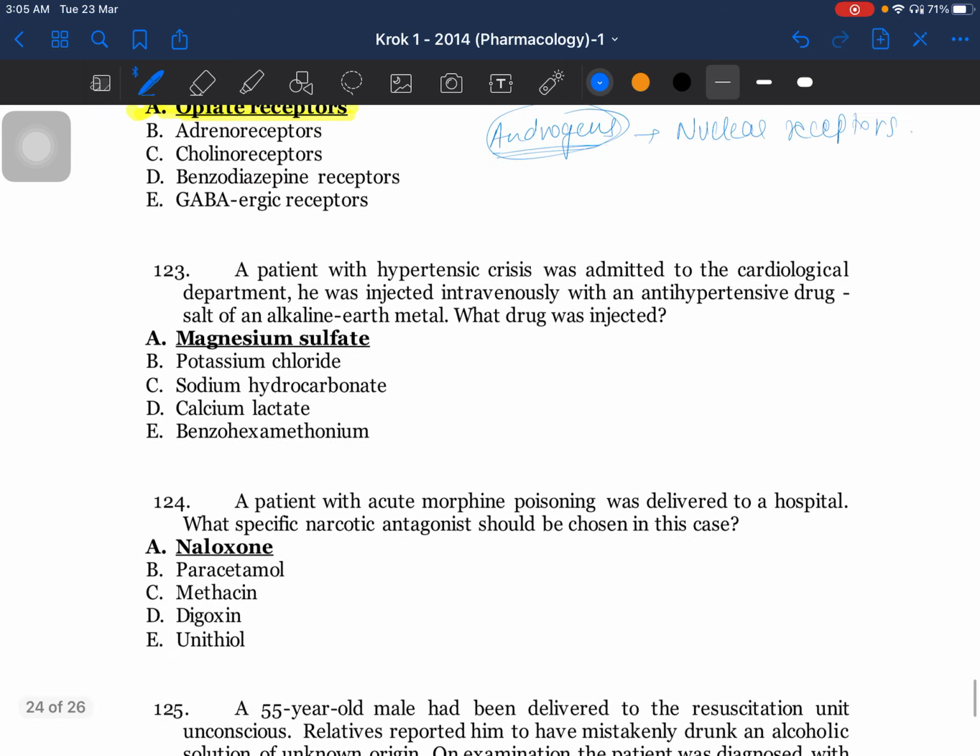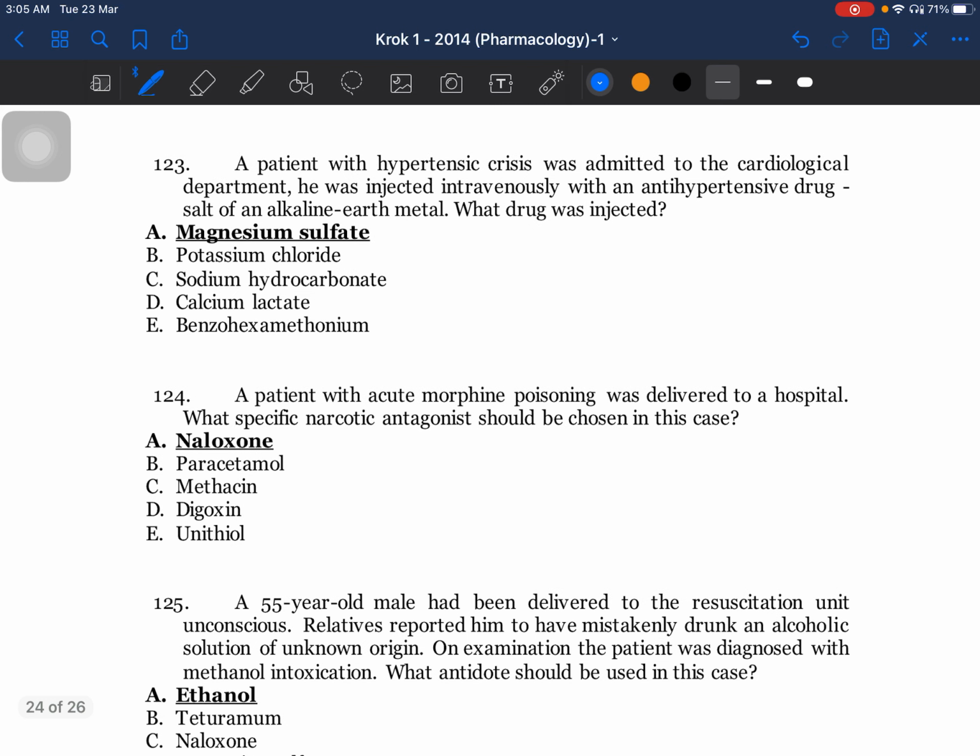Okay, now let's move to the next question. A patient with hypertensive crisis was admitted to the cardiological department. He was injected intravenously with an antihypertensive drug, which is a salt of an alkaline earth metal. Now, among these, which is the salt of alkaline earth metal?